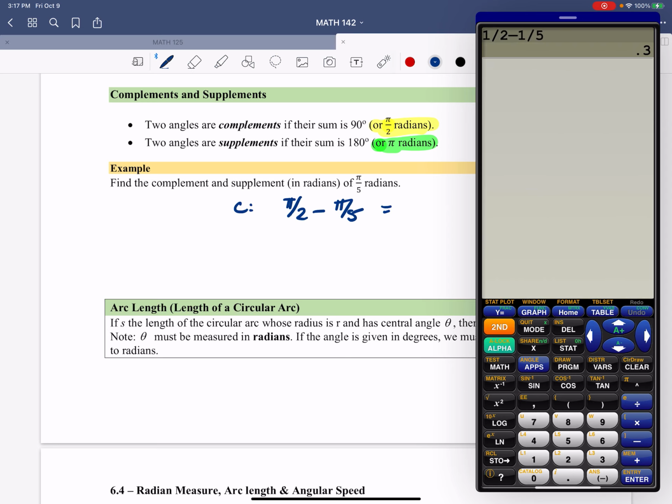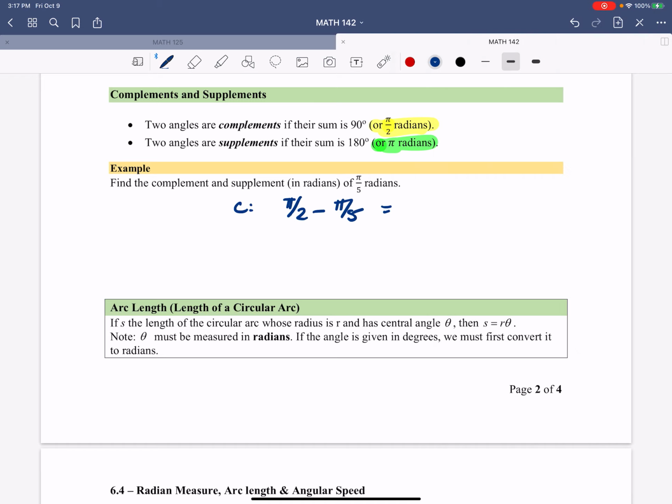That gives me 0.3, and if I change that to a fraction, I get 3/10, which means that is going to be 3 pi over 10. For the supplement, I'm going to take pi minus pi over 5. I know that 1 minus a fifth is 4/5, so that's going to be 4 pi over 5. So those are the complements and supplements.